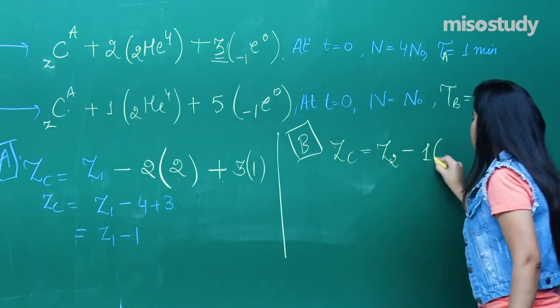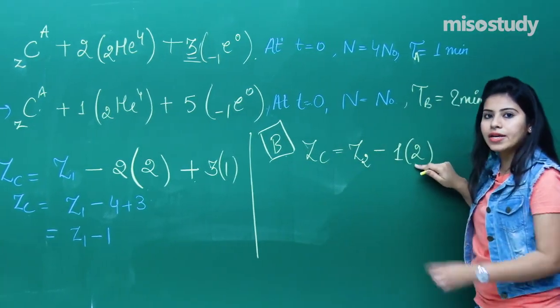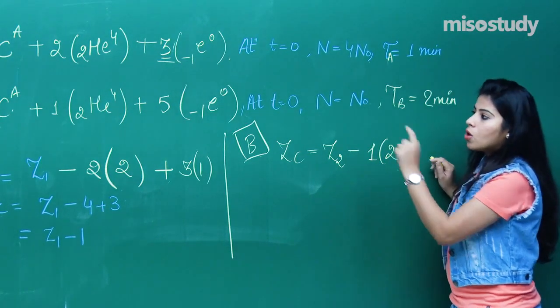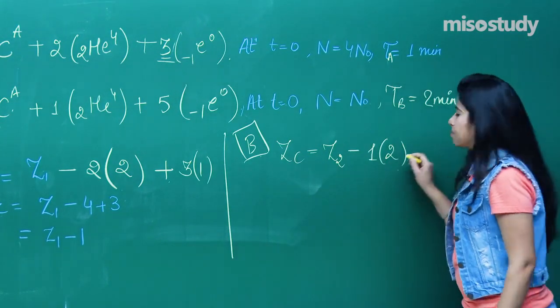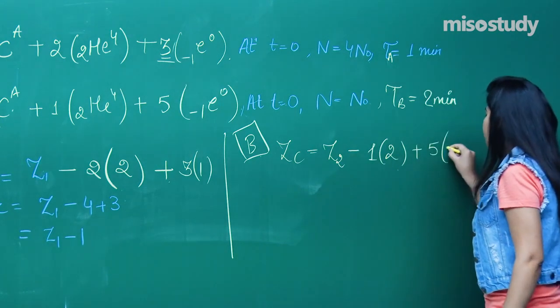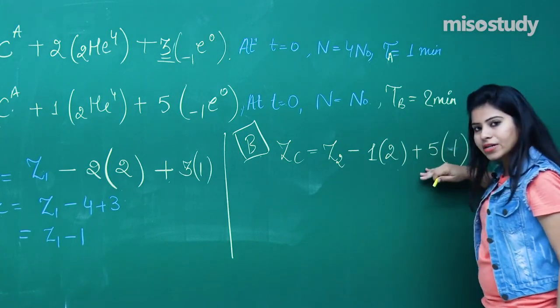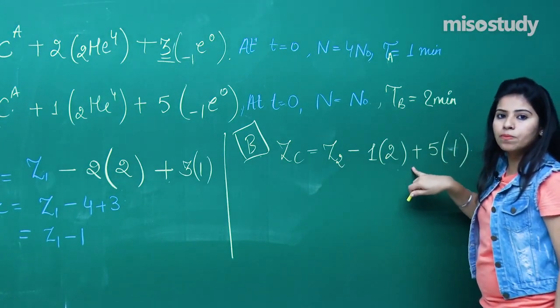That means 1 into the charge of the alpha particle, which is 2. So we are putting this charge over here. Now 5 beta particles. The charge of a beta particle is 1 because this is being added. So that is why we have used a plus sign.